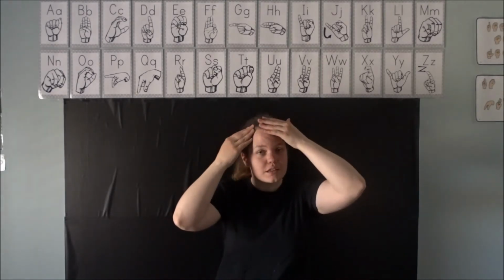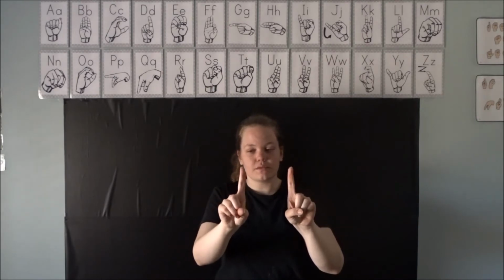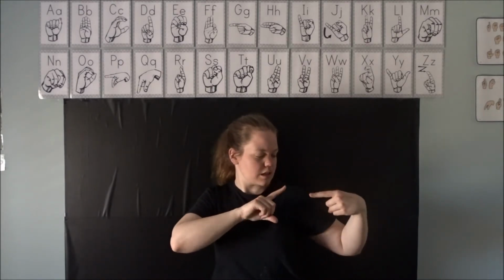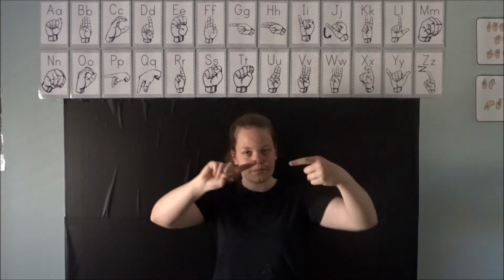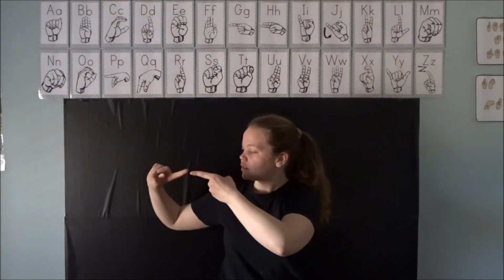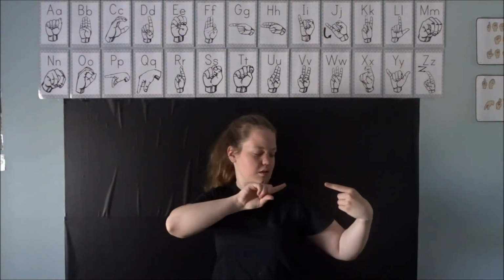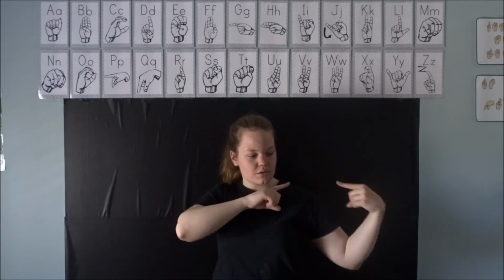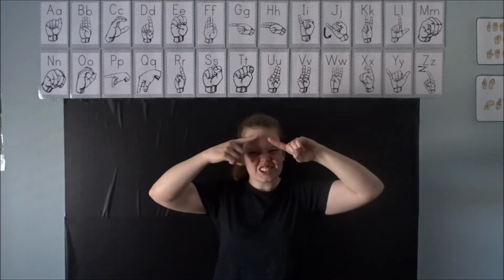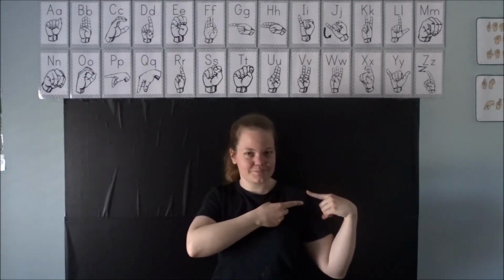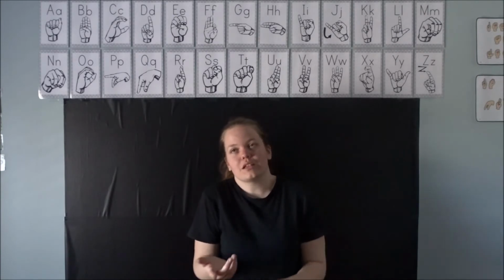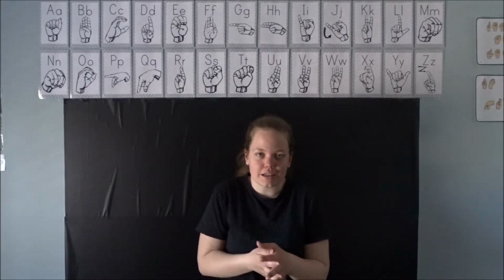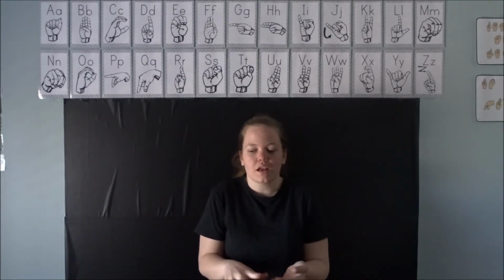Or if my head hurts, that this is what hurts. So you take your pointer fingers like this, and you twist them, just like that. Hurt. That could also mean sore. I know there are other kinds of words for sore as well.